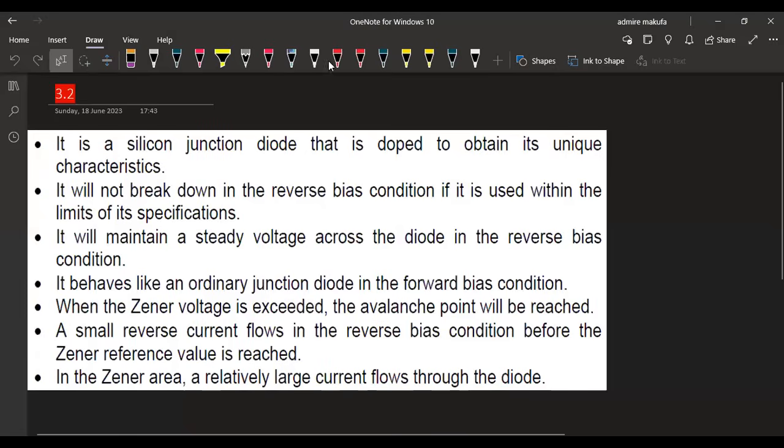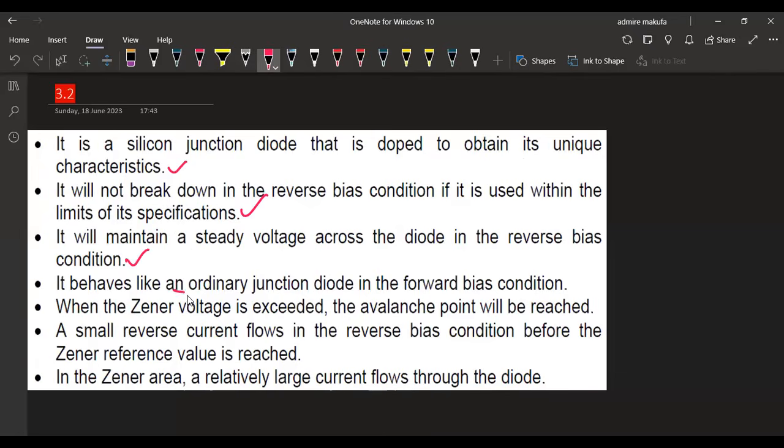A Zener diode is a silicon junction diode that is doped to obtain a unique characteristic: it will not break down in the reverse bias condition if it is used within the limits of its specifications, and it will maintain a steady voltage across the diode in the reverse bias condition.